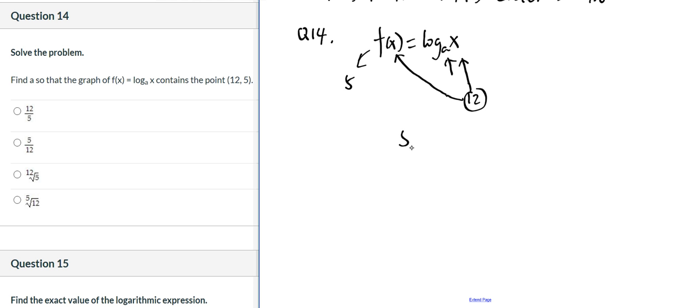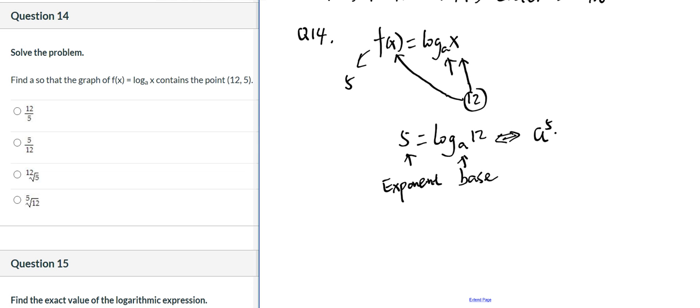So then you have 5 equals log base a of 12. Then you know what is the equivalent form. Logarithm is exponent. So that will be a to the 5th power equals 12.